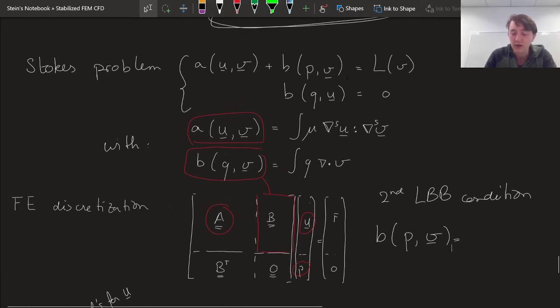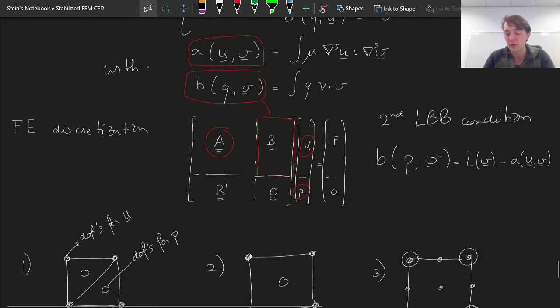So that's the equation that we get after we already obtained a velocity and we're trying to solve for a pressure. So then we have l(v) minus a(u, v) for all v, right? So now we're trying to obtain a pressure after we already obtained our velocity. These are the leftover systems of equations.